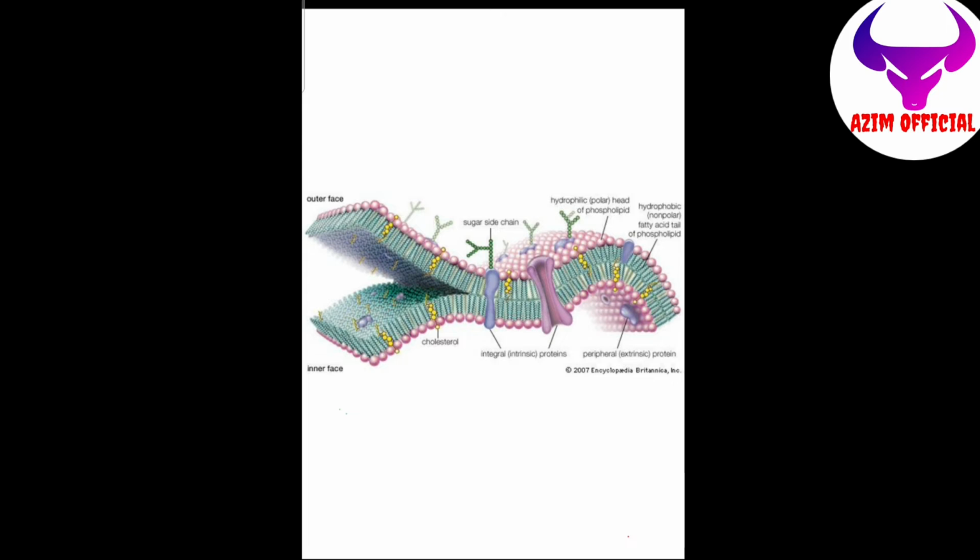Let's see what our book says. Most of the membrane carbohydrates have a negative electrical charge, which gives most cells an overall negative surface charge. Always remember, cells have negative surface charge.